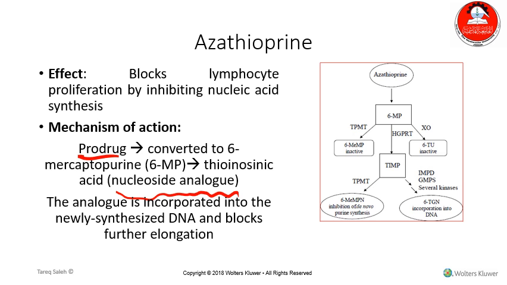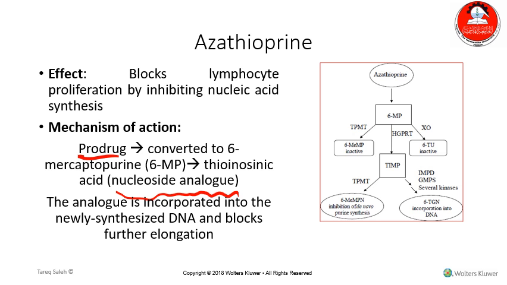So let's say that the cell is synthesizing its DNA. Its DNA polymerase is building the daughter DNA strand. We want to replicate the DNA and form another DNA molecule. During that process, if 6-mercaptopurine or thioinosinic acid were present, they will be converted into nucleosides, and they will also be mistakenly inserted into the newly synthesized DNA, because DNA polymerase will think that they are normal nucleosides.